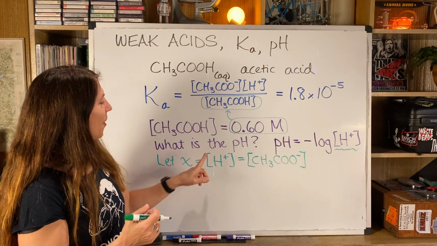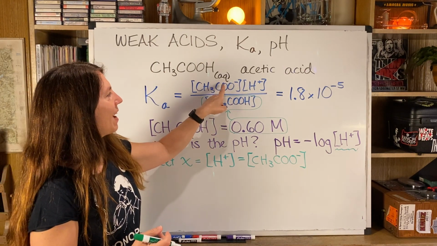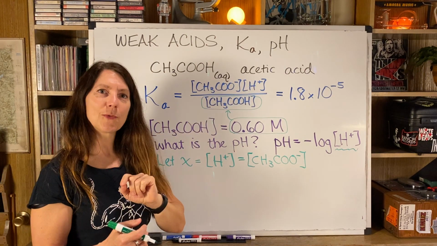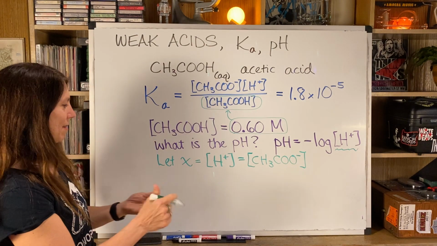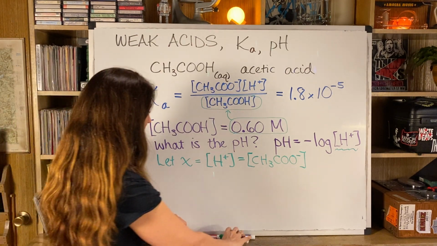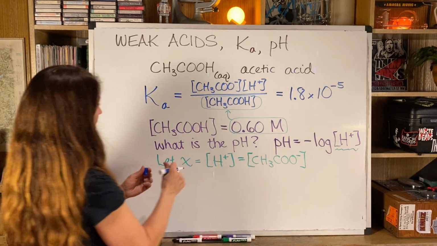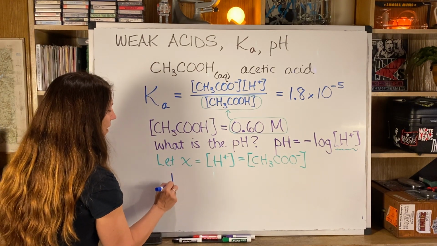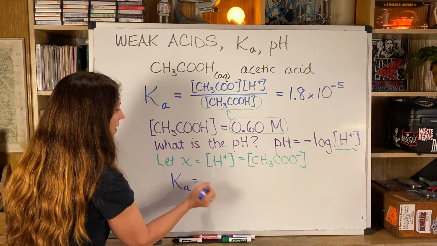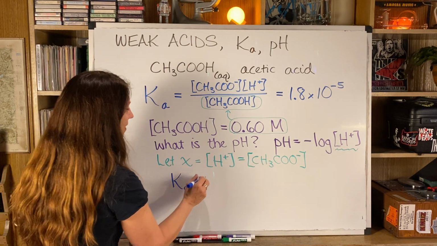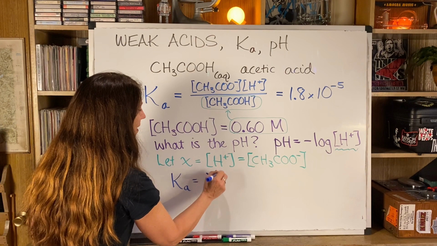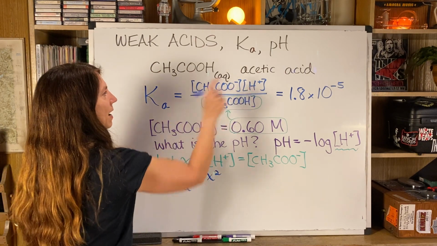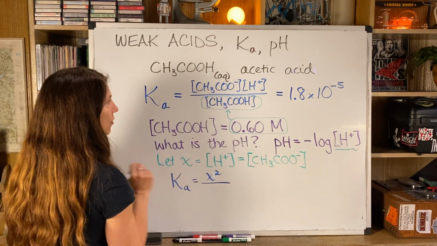All right, so that means that we have X times X in this equation. So we're going to rewrite this Ka expression down here now that we've set X equal to H+ and acetate. So we now have X times X over the acetic acid concentration, that's X squared.